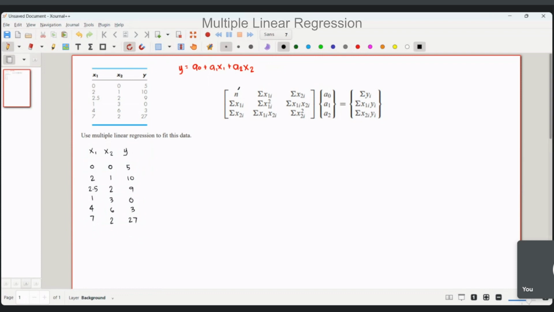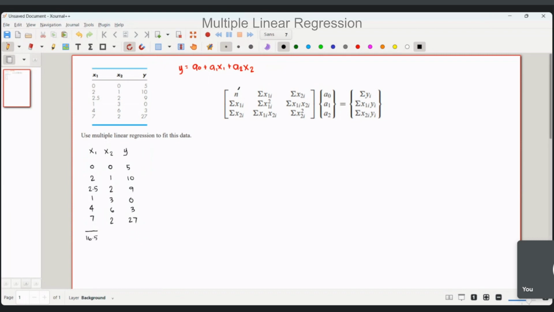That's for the x1, x2, and y. And we need to have first the summation of our x1. And that would be 16.5, ma'am. Okay, so that's 16.5.